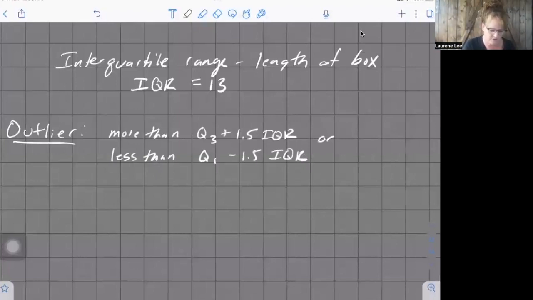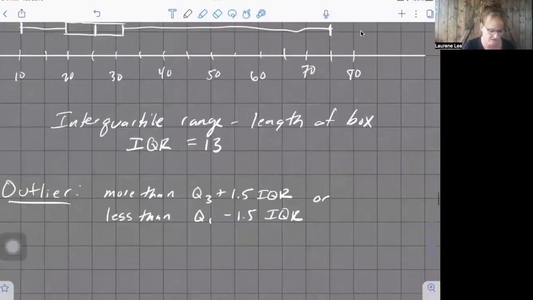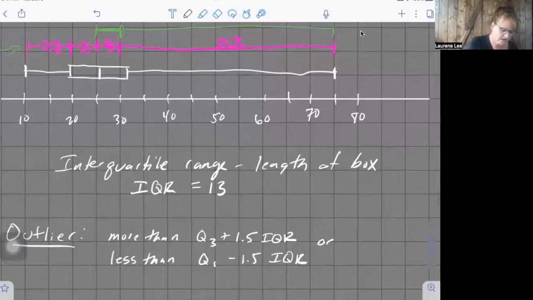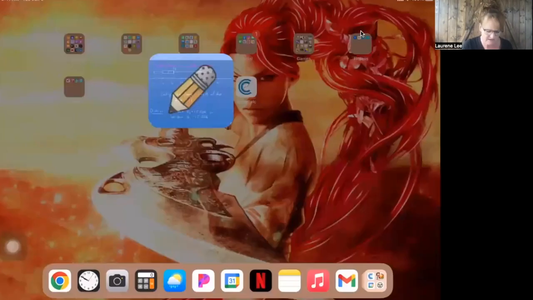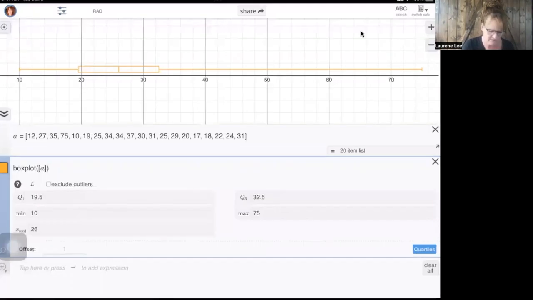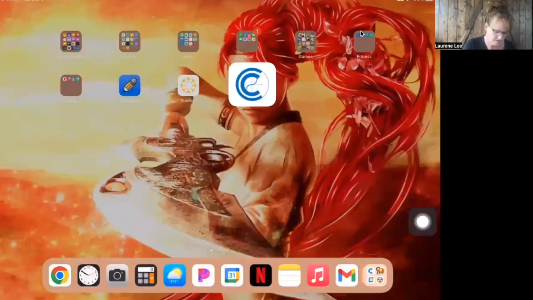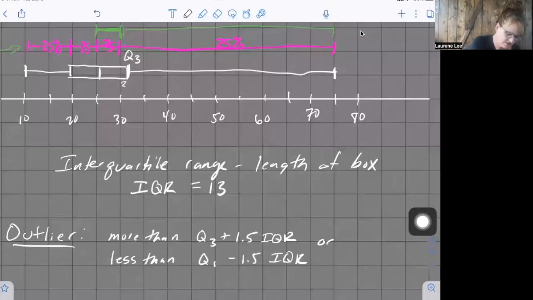Let's take first the first equation, quartile 3 plus 1.5 times the interquartile range. So quartile 3 is right here. Okay, it's the top edge of the box. And if you jump back to your calculator, you can remind yourself that quartile 3 is 32.5. So that's 32.5.